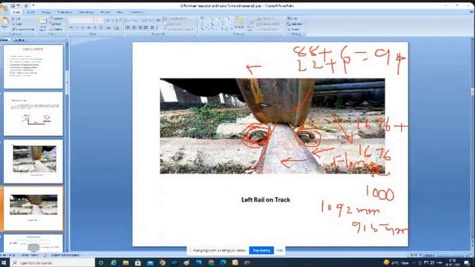Every day he will go over some 5 or 10 kilometers, and whatever damages have occurred to the Pandrol clips, liners and so on, he will replace as he keeps moving. So he is the safety person, like our C&W person who checks the wheel set. Similarly, this person is also a very important safety person. He has to keep all Pandrol clips intact, inside and outside. That is why missing Pandrol clips also have to be measured.